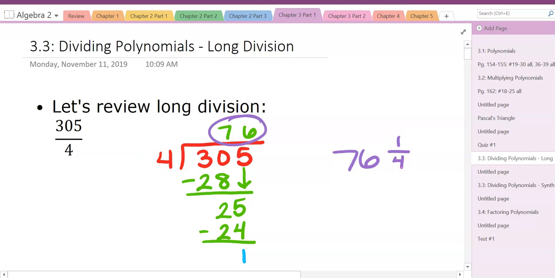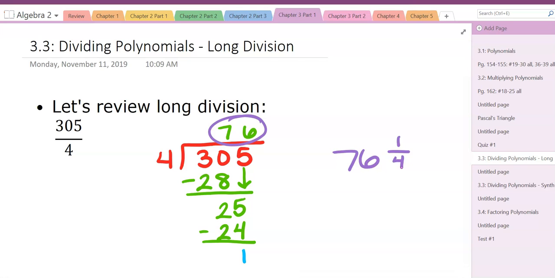So this would be 76 and 1/4. Now, if you actually took 305 divided by 4 on a calculator, you would probably get 76.25. So if you wanted to check it, you could divide and make sure that we got the same answer. Either way, 1/4 and 0.25 are the same thing. They're talking about the same quantity.